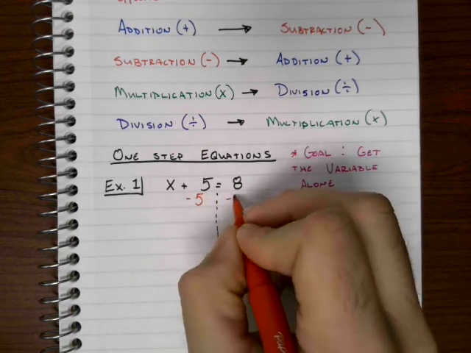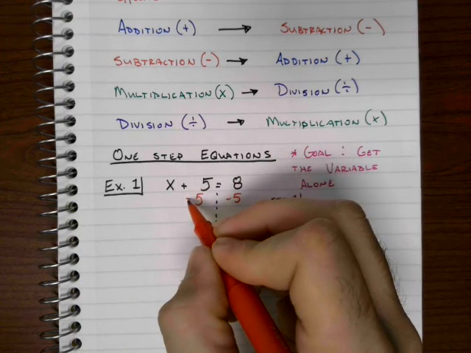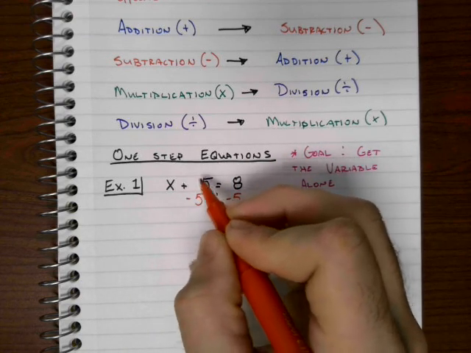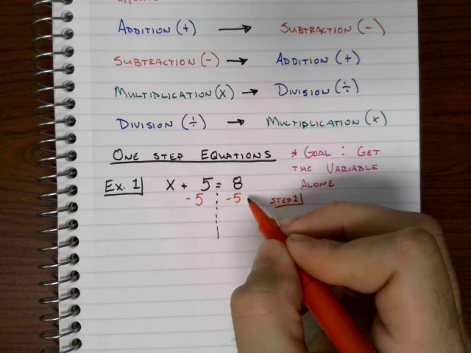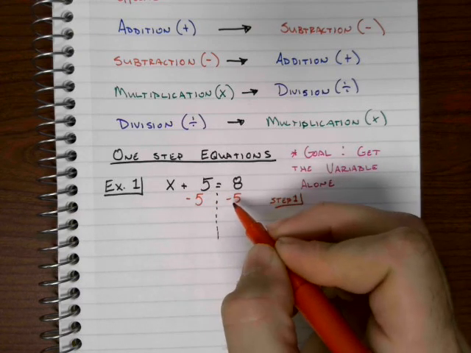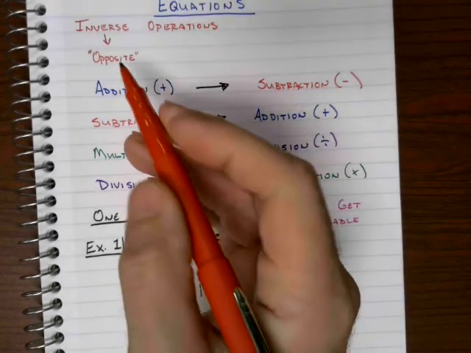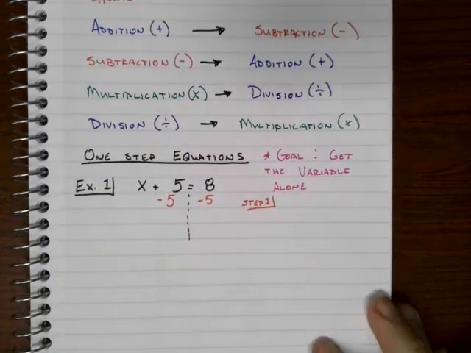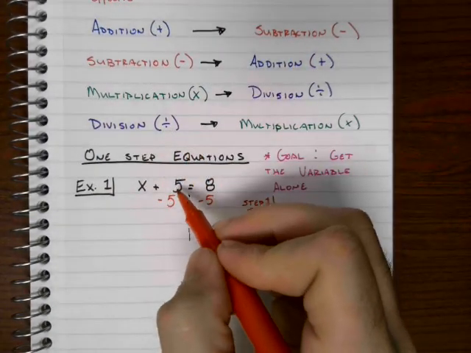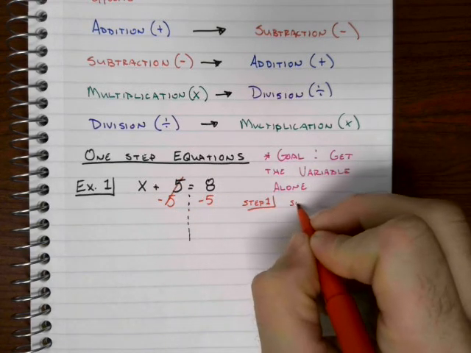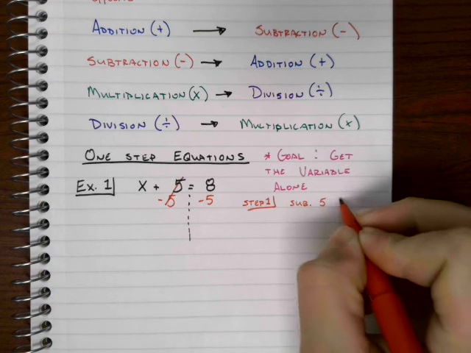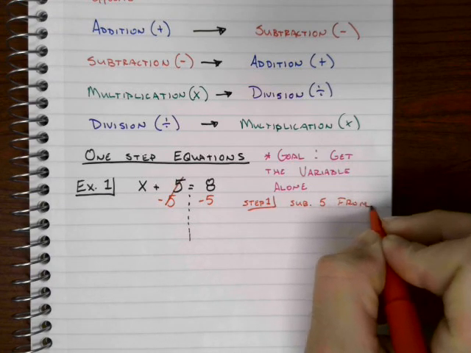Why are we subtracting 5? Subtraction is the opposite of addition. We want to get rid of this 5. So to get rid of it from one side, we move it to the other. To move it to the other side, you have to do the inverse operation, the opposite. What we do to one side, we do to the other. So we're going to subtract 5 from both sides.